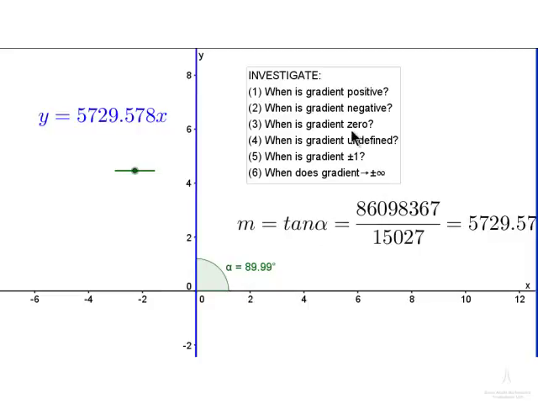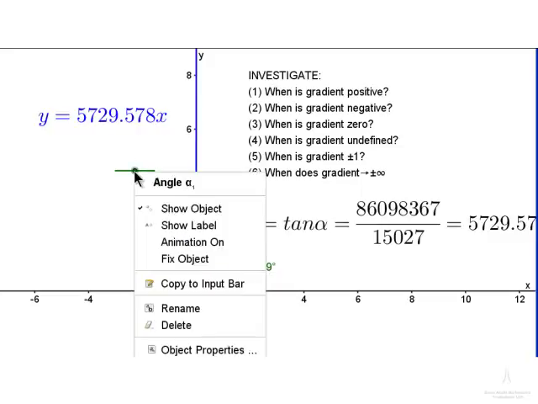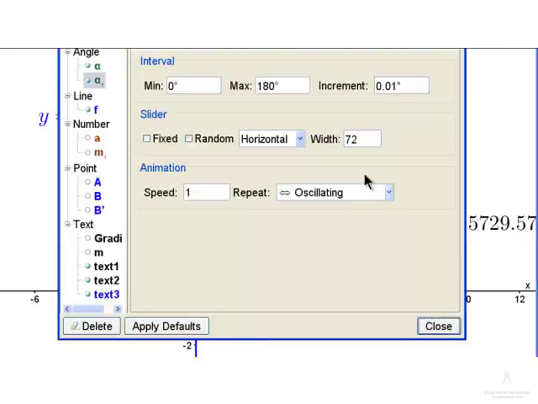One thing that we haven't done is, when is the gradient 0? We've actually done that in an earlier investigation. So if I want to make this angle 0, I'm just going to change back to my previous increments, otherwise it's going to take too long.